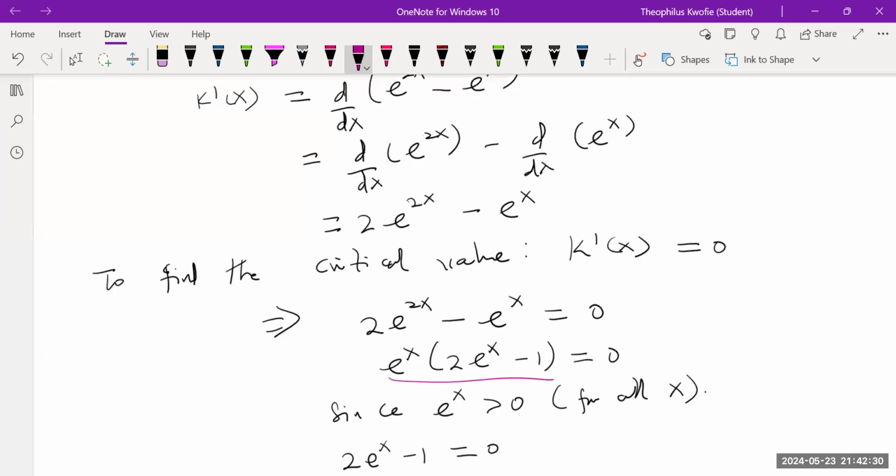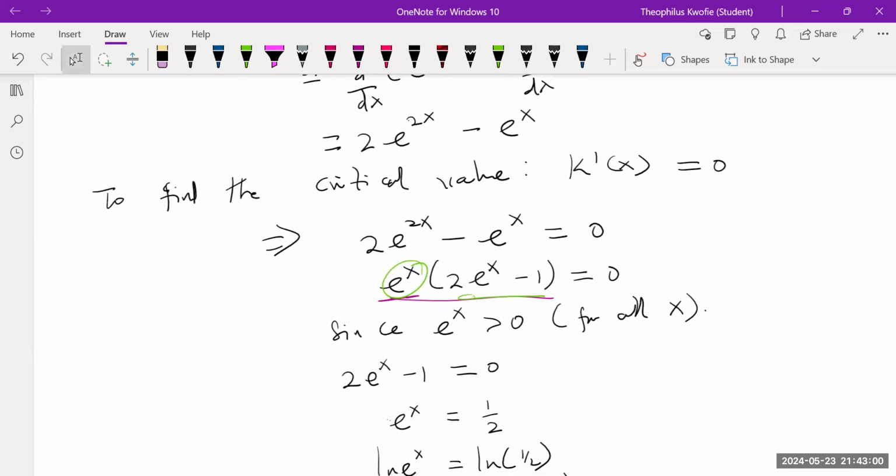So on that note, we have to exempt this particular thing, e to the power x. Please let's take note, it can never be zero, irrespective of what value x may assume, okay? Even if x is zero, e to the power zero is always one, so it can never be zero. Is that okay? So on that note, we're going to base on this particular term, which is 2 multiplying e to the power x minus 1, okay?